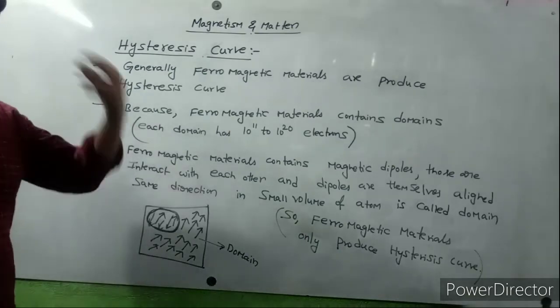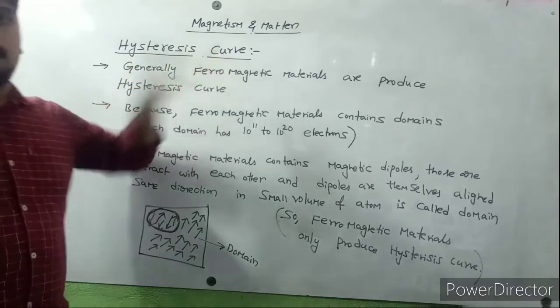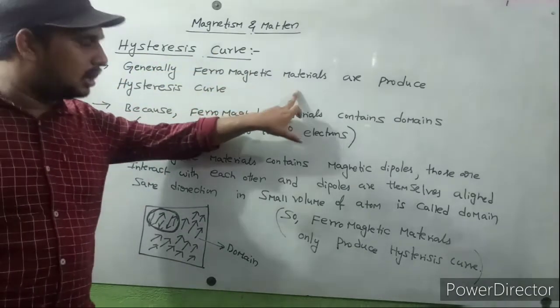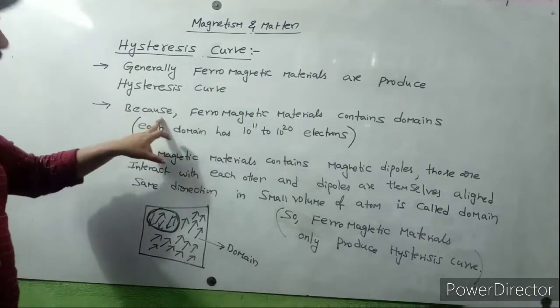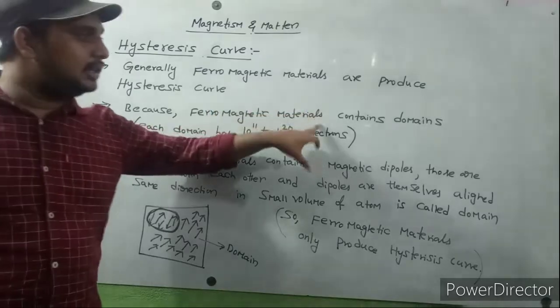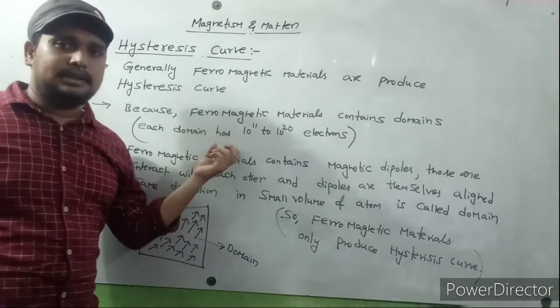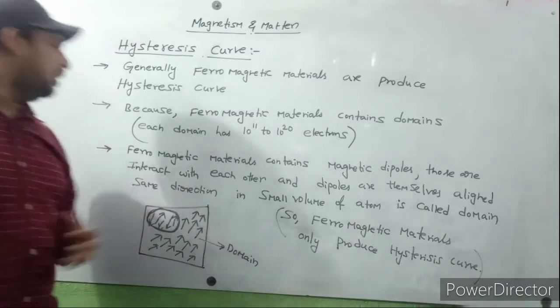Again I recapitulate once more, please observe carefully. Ferromagnetic materials produce the hysteresis curve because they contain domains. Each domain has 10 power 11 to 10 power 20 electrons.